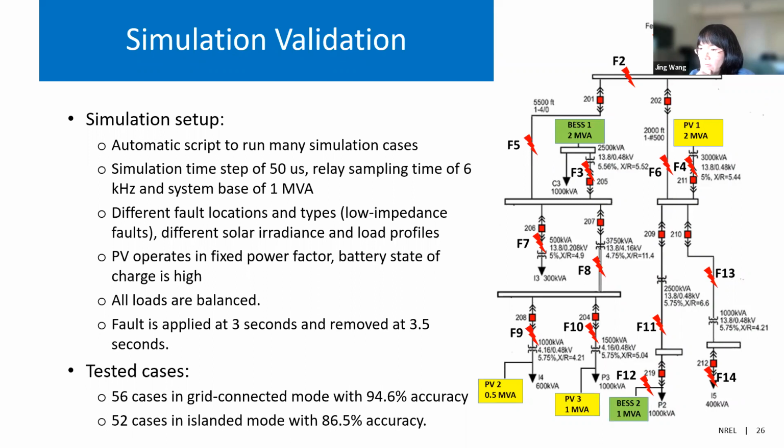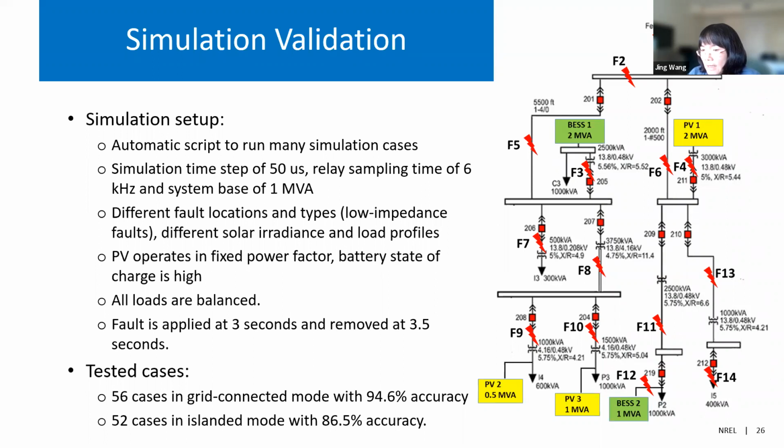PV operates at fixed power factor, the battery SOC is high, and all loads are balanced. Fault is applied at 3 seconds and removed at 3.5 seconds. Overall, we run 56 cases in grid connected mode. We see the accuracy is 94.6%. And in isolated mode, we run 52 cases with 86.5% accuracy.